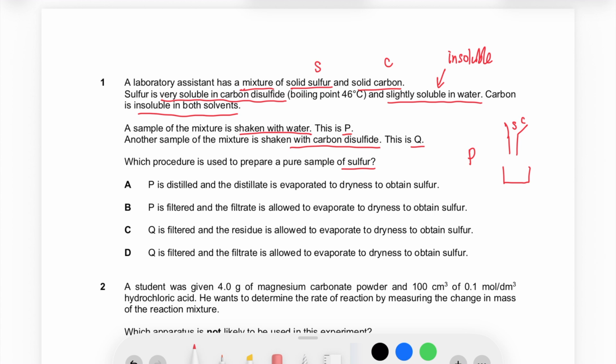For Q, if you want to obtain sulfur, P definitely is out because both are your residue, sulfur and carbon. Q will be filtered, and you're looking for the filtrate. Sulfur is the filtrate, so the answer is D.